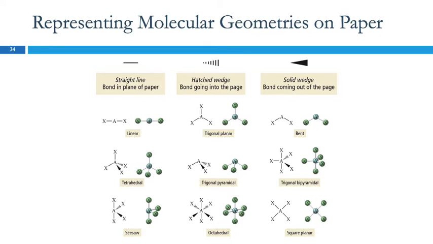Drawing three-dimensional things on a two-dimensional screen or piece of paper or chalkboard can be tricky. And so chemists typically use these wedges. A straight line means that bond is in the plane of the screen or the paper. This hatched wedge is kind of like a dotted line, right? That's behind the screen. And this solid wedge is jumping out at you.